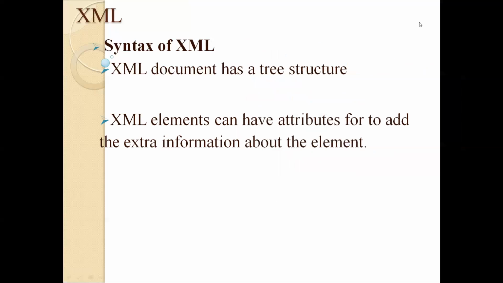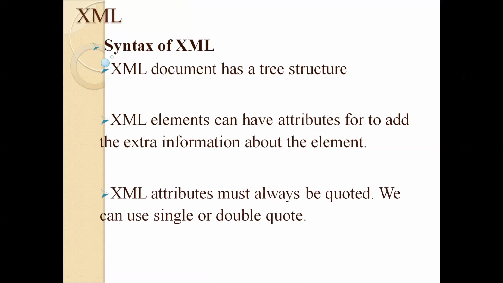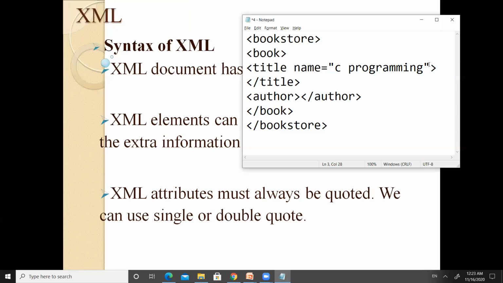Next one, XML attributes must always be quoted. So we can use single or double quotes. For example, if I have used simply attribute equal to C programming, it is an error.